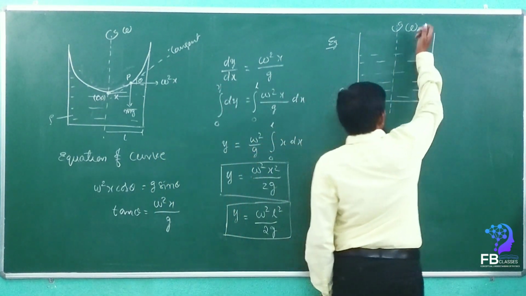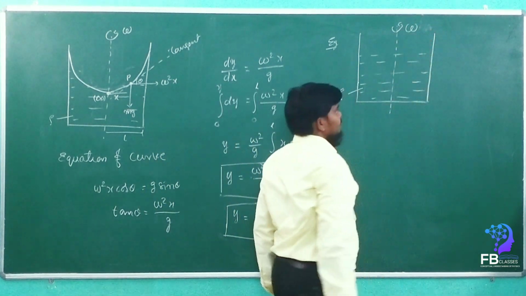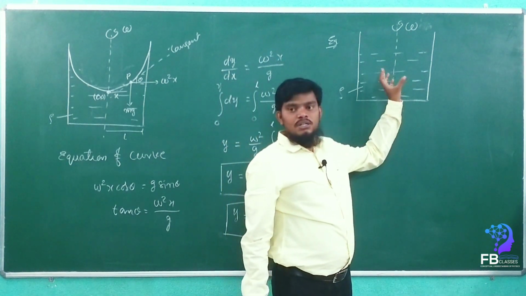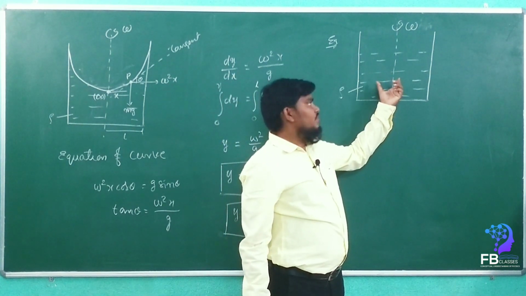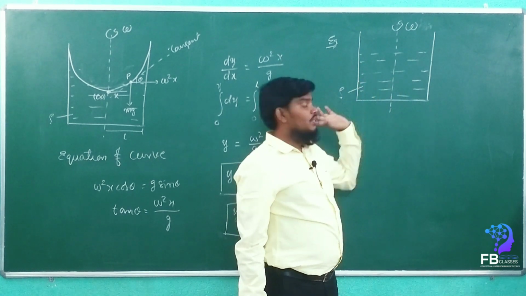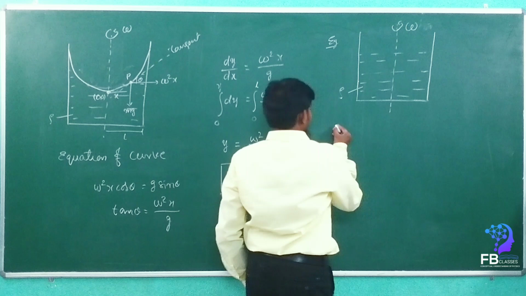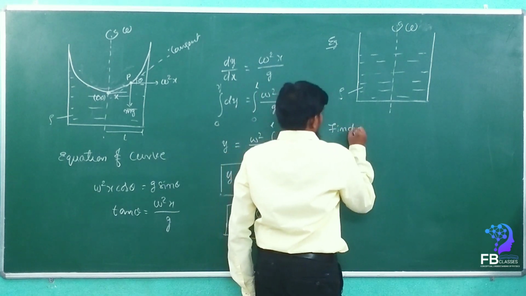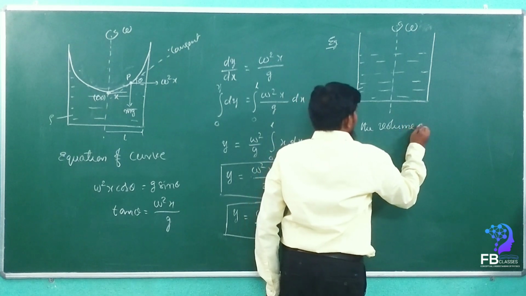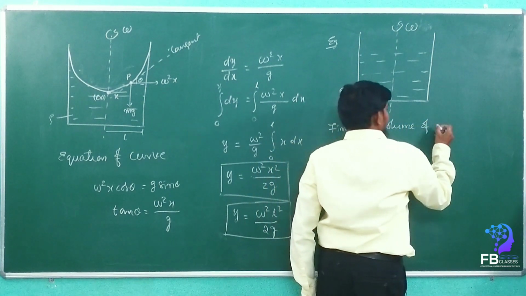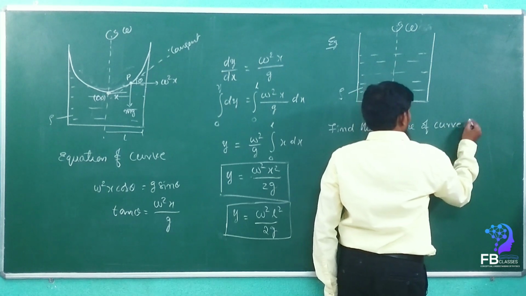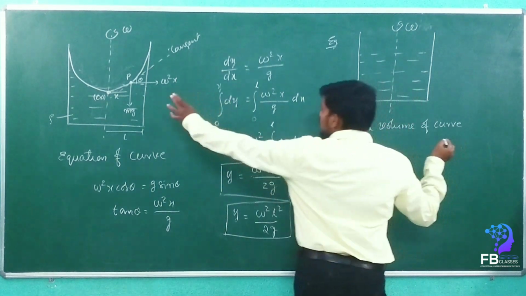Otherwise first we can do one problem. Once we rotate this total liquid with angular velocity omega, then he says find the volume of the curved bed.